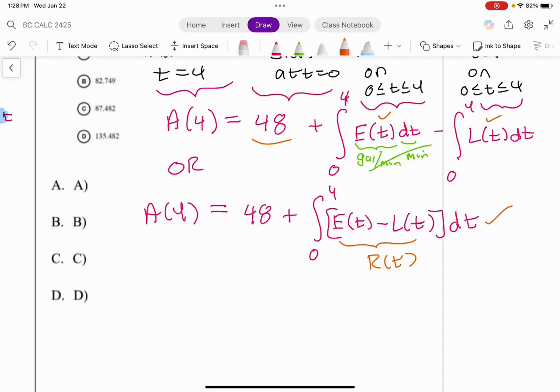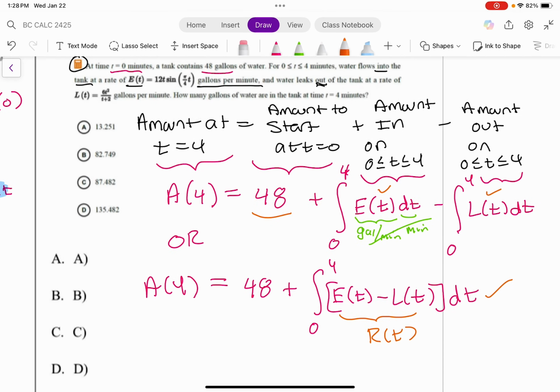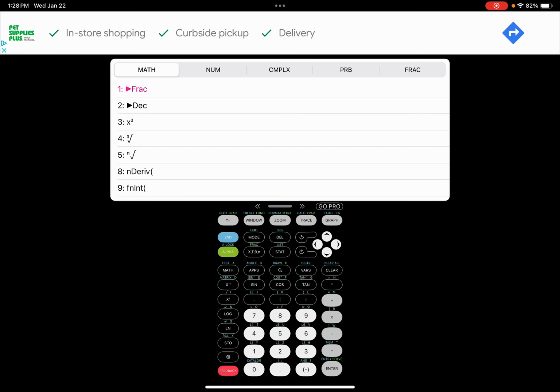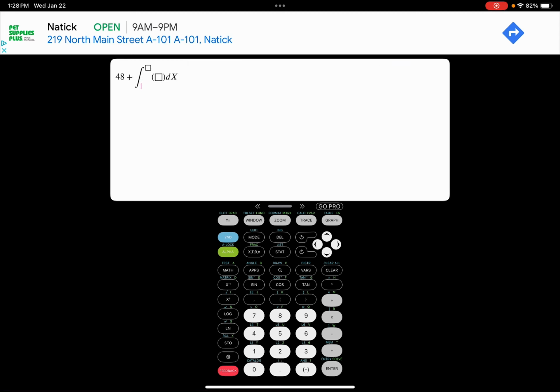So we go to the calculator. We remember, we want to know what our functions are. I just have to make sure I look at them on the screen. Okay, let's try to do it in one fell swoop here. So it's 48 plus the integral from 0 to 4.